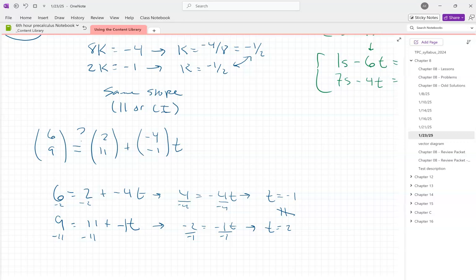So this is telling me that these two lines are parallel. Okay? So this is the only type of problem that I'm going to ask you to do from section 8.4. I'm going to give you two vector equations for a line, and you need to be able to interpret whether they are intersecting, coinciding, or parallel.